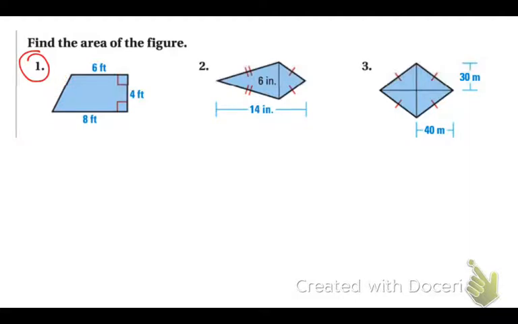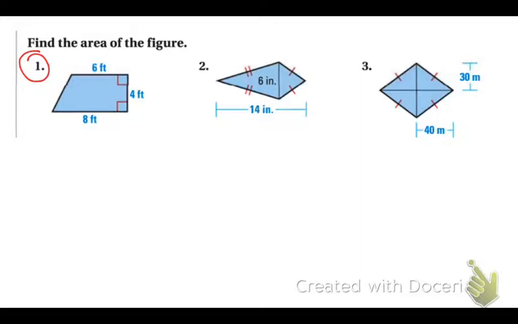You could argue that it's a trapezoid, but then in order to find the area, you'd have to find these two diagonals, and that would be really tough, and you don't want to do that. So whenever you have a problem where the figure is not one that you have a formula for, the only choice you have is to divide it up into figures that you have formulas for.